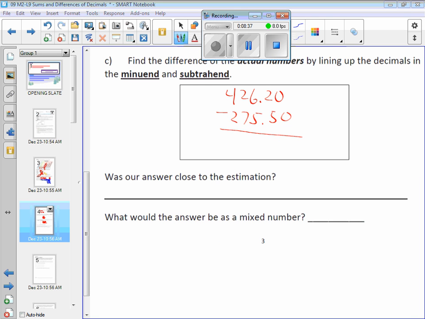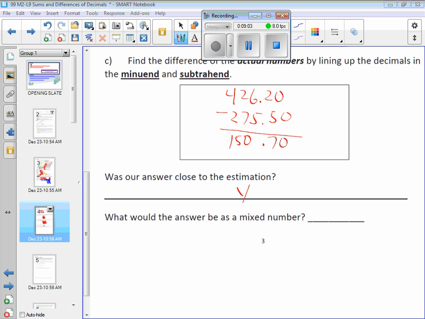One thing I also want to point out in case you forgot, whenever we add or subtract, you always line up the decimals, remember? We kind of did that in the weekly reviews, but it's just a reminder. What do you have as an answer? Got to borrow carefully too. Mikey, what'd you get? Is that close to 150, which was our estimation? Yep.